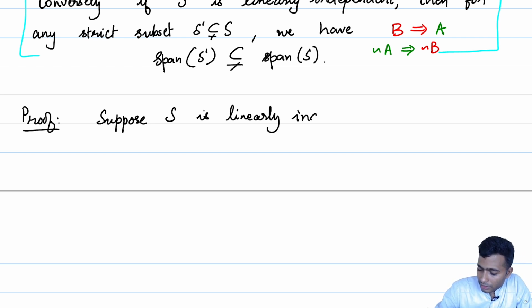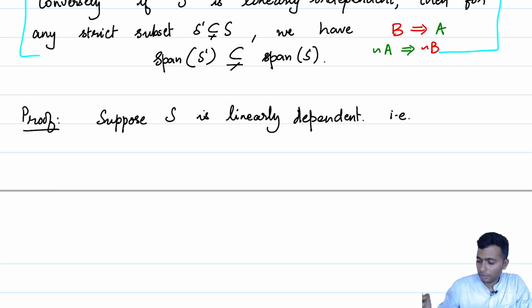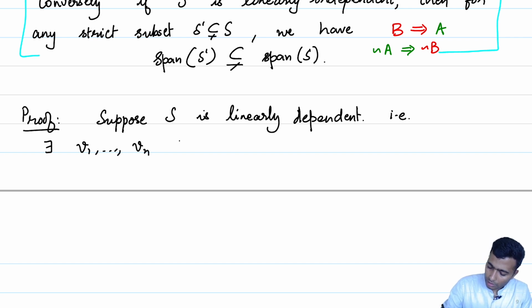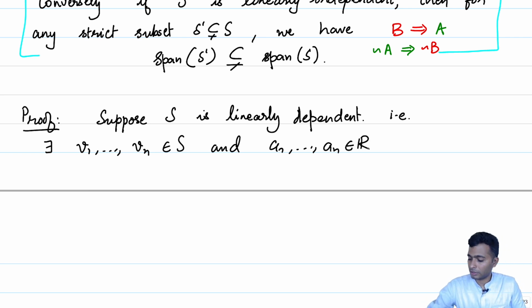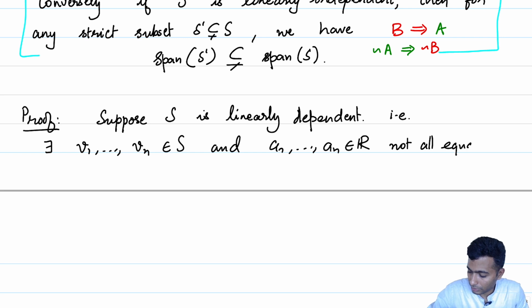What does it mean to say that a set is linearly dependent? It means that there exist finitely many vectors v1, v2, up to vn in S and scalars a1 to an, real numbers, not all equal to 0, at least one of them not equal to 0.